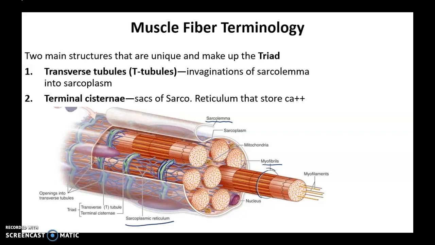So on either side of the T-tubule, the green structure is T-tubule, and on either side, the sarcoplasmic reticulum forms sac-like structures, and those sac-like structures are called terminal cisternae. Okay. Now remember, the terminal cisternae stores calcium. It stores calcium. Okay, I'll stop here and then continue with another video.